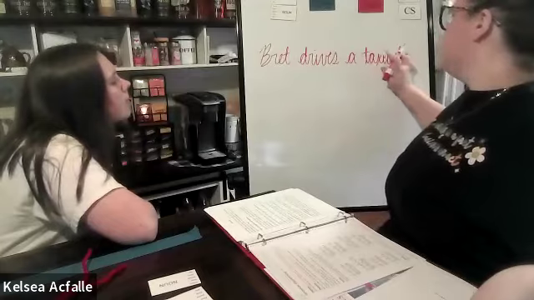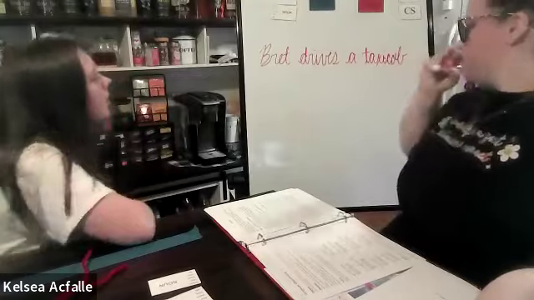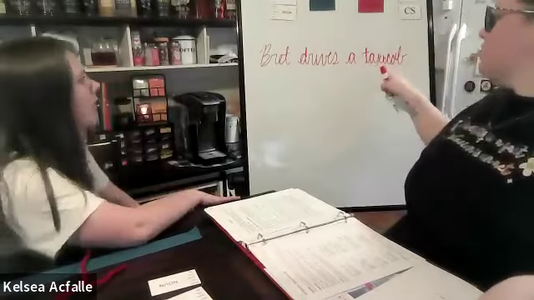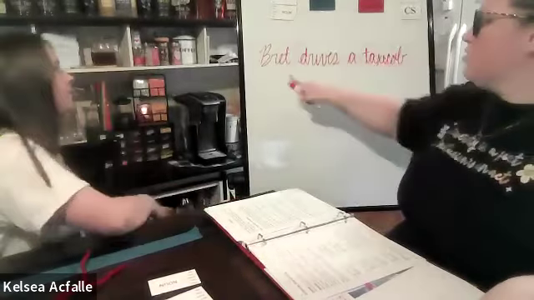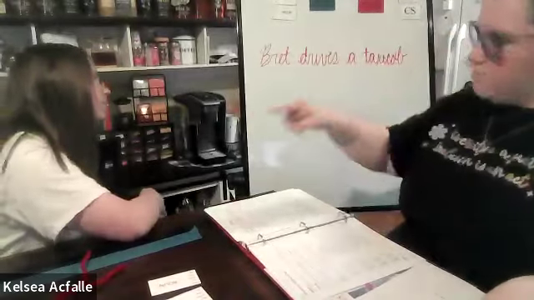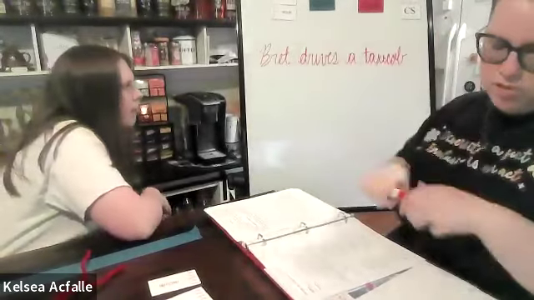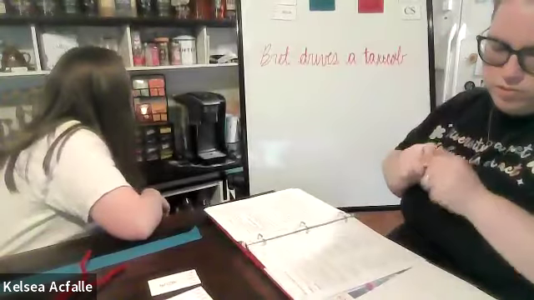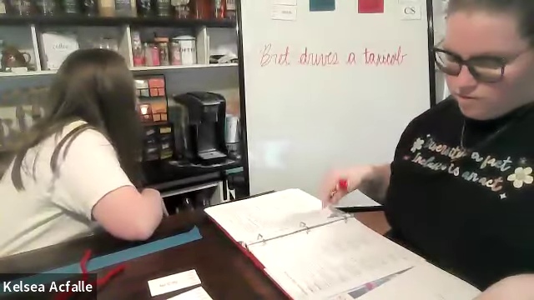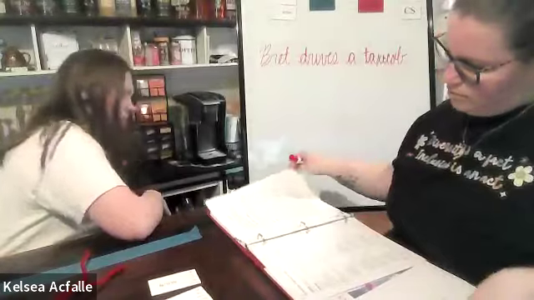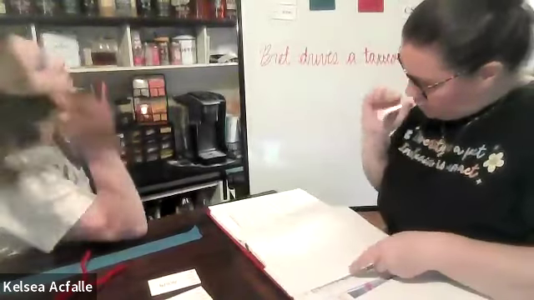Sorry, it's all over the place. Can you say that? Brett drives a taxi cab. Brett drives a taxi cab. Brett drives a taxi cab. Good job. Now we're going to go through and label each part of speech.